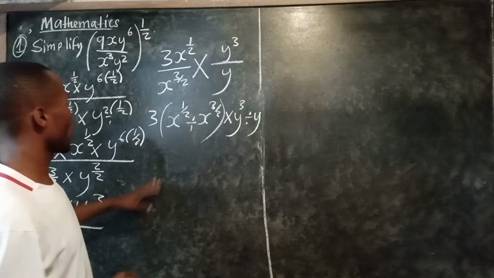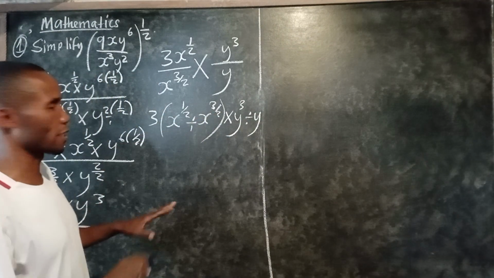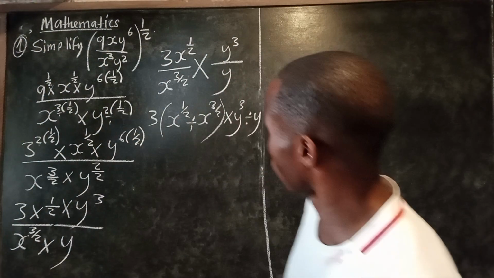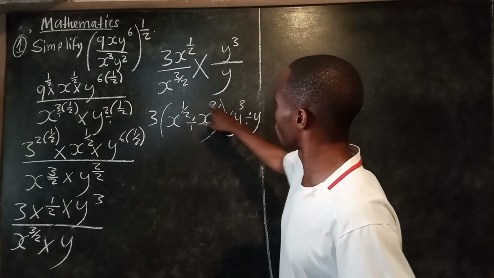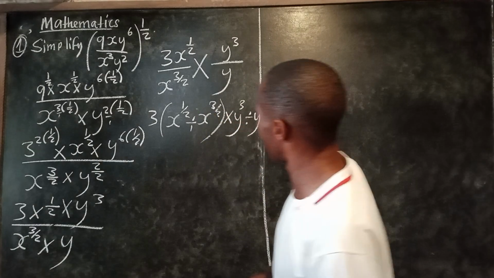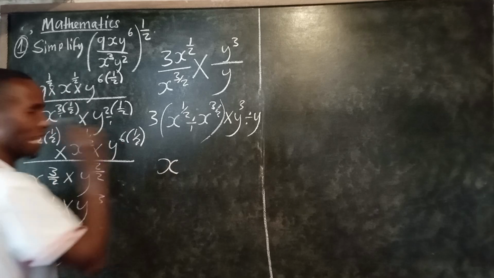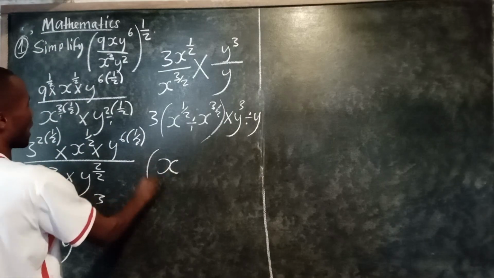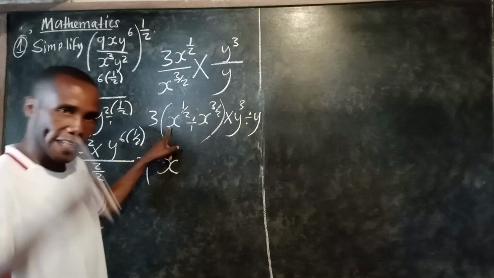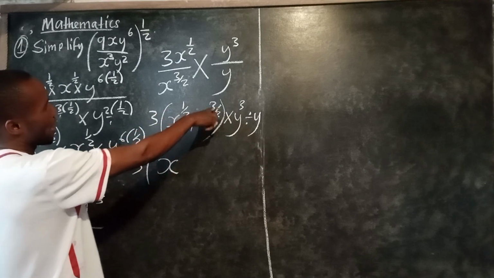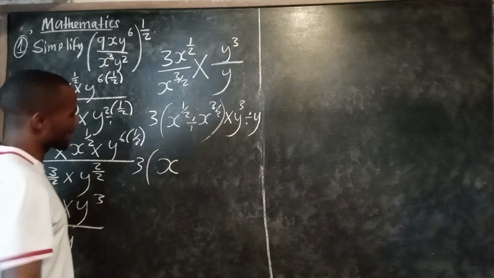Then from there, you are going now to consider the powers, because we are dividing an expression of the same base. So we have to subtract the powers. So here, we'll just write x, only one x. Remember, here we have a 3. So just write one x. Then we say half minus 3 over 2. What is the answer?